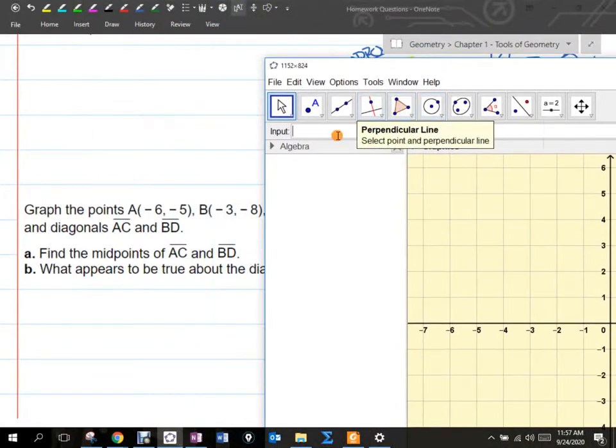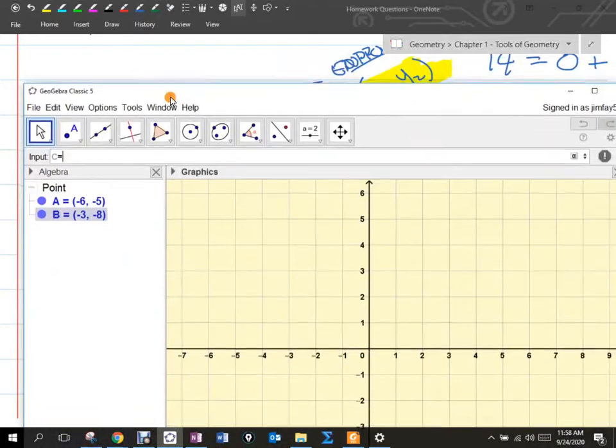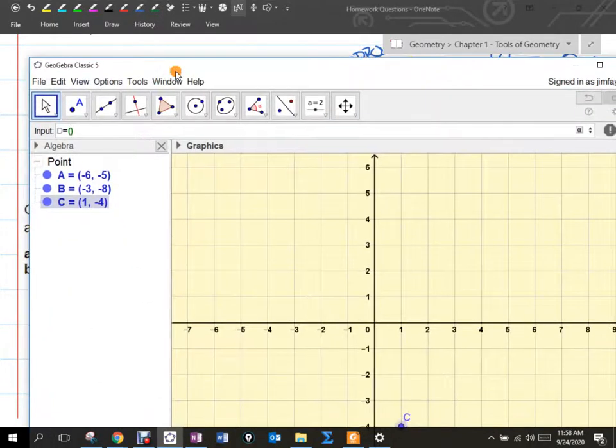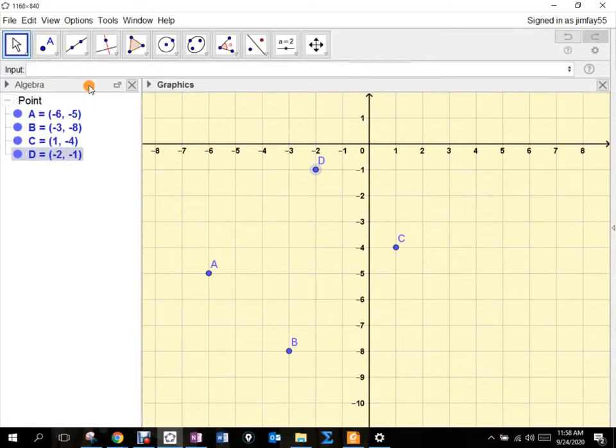So A is negative 6, negative 5, B, negative 3, negative 8, C is located at 1, negative 4, and D at negative 2, negative 1. All right, so there's my rectangle. They asked me to draw it.